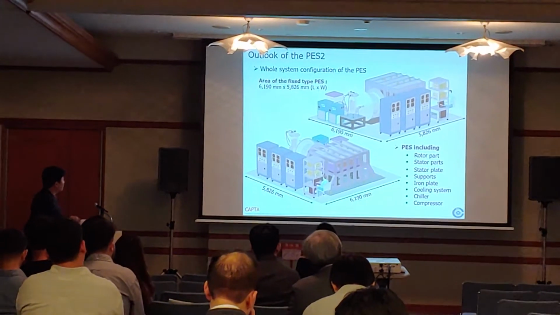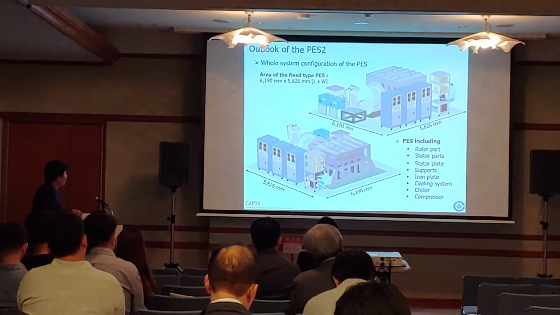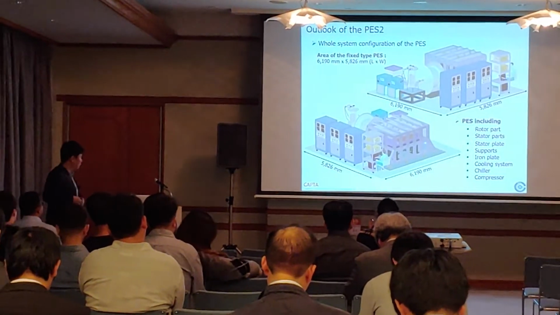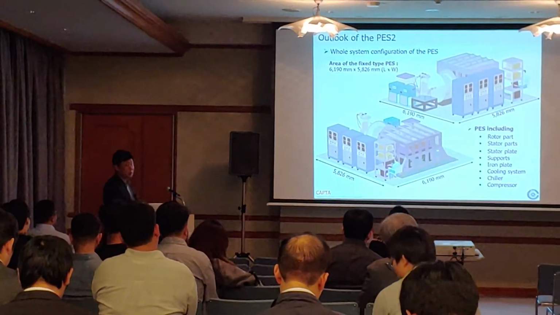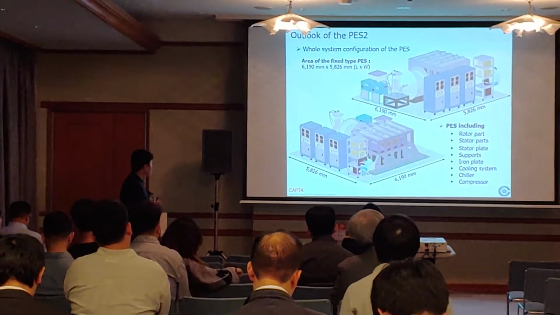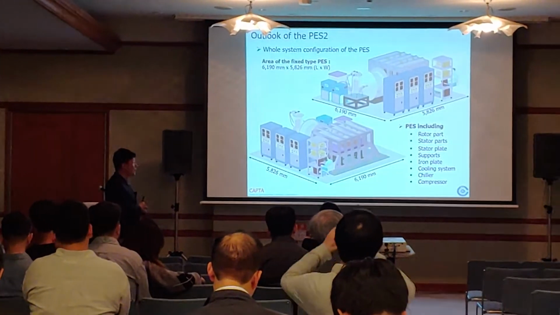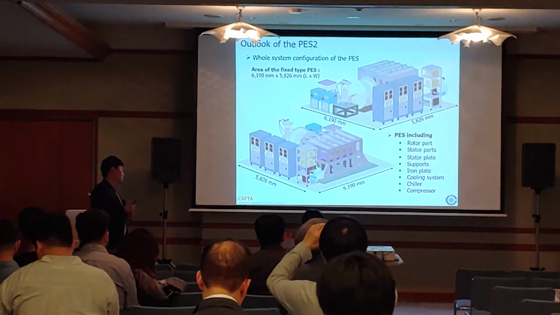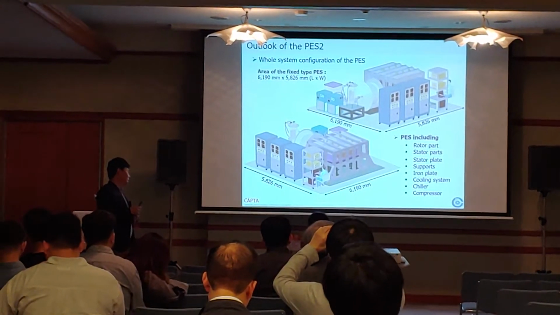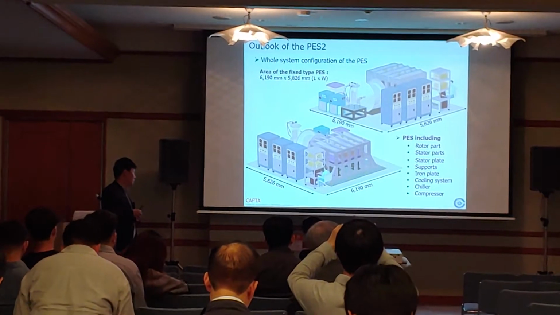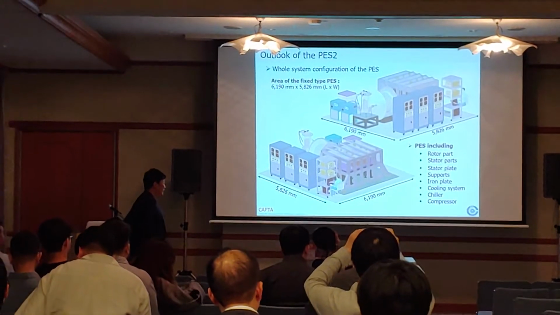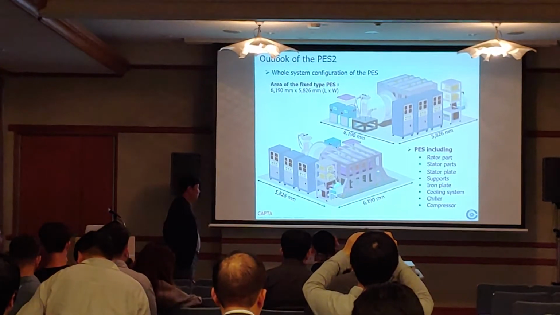Okay, so this is the dimension, approximately more than 6 meters and 6 meters and 5 feet for the system. So maybe next year, next next year, November in Antioch.